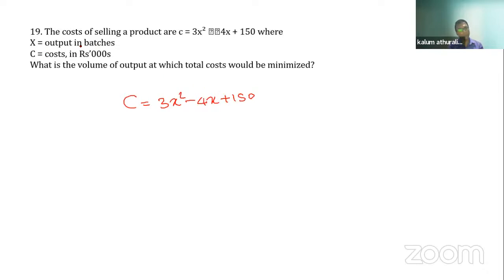X is output in batches. C is cost in 1000 rupees. What is the volume of output at which total cost would be minimized?